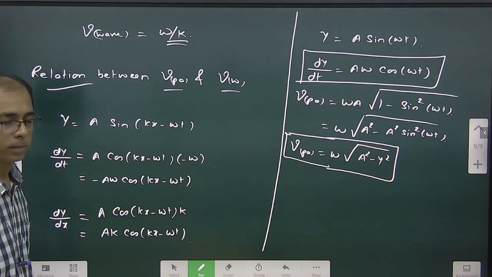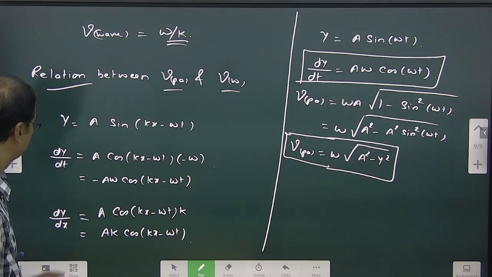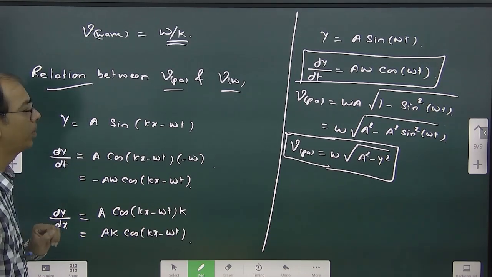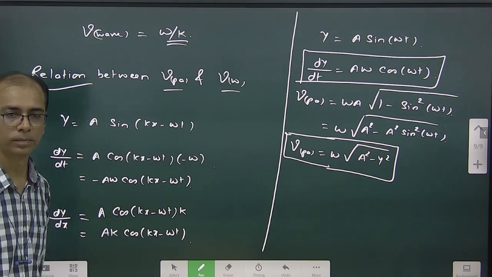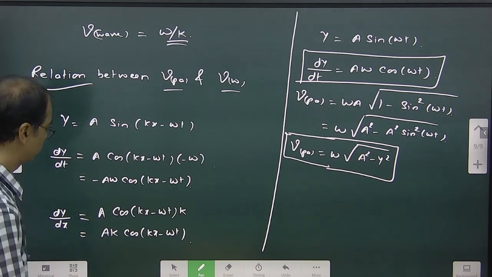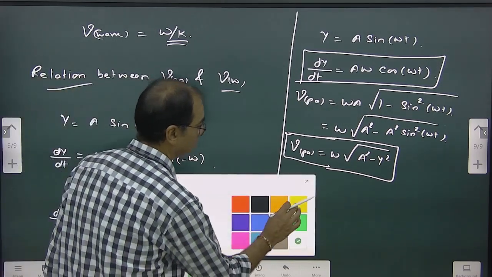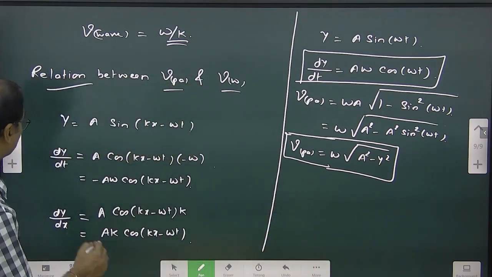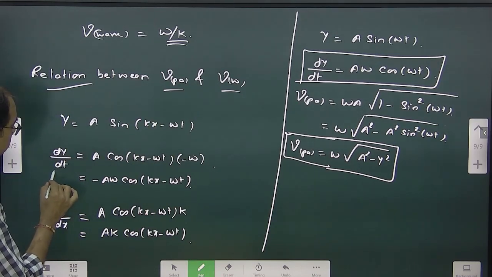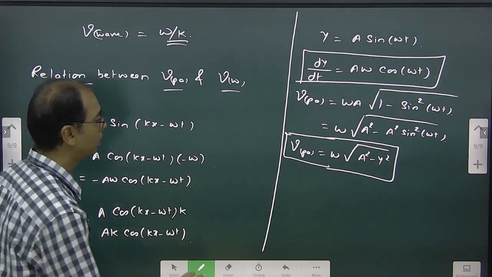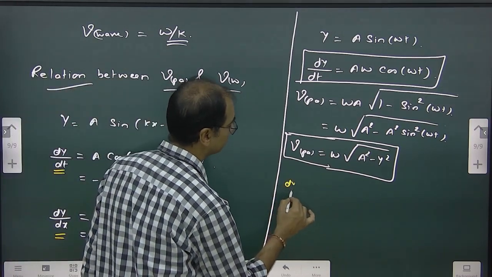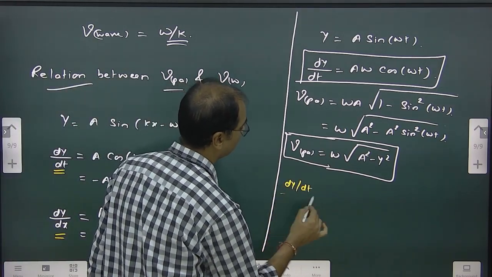Okay, fine. Now what is dy by dx? Dy by dx is actually the slope of the graph, the slope of the curve, right? Now we are going to divide dy by dt by dy by dx.